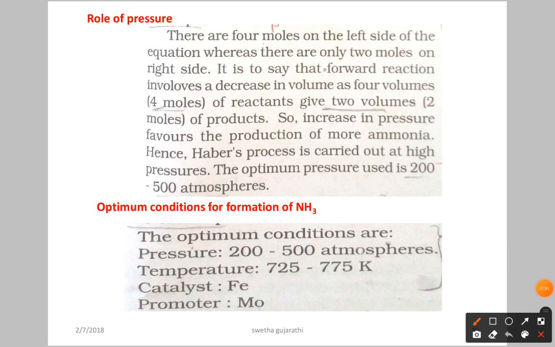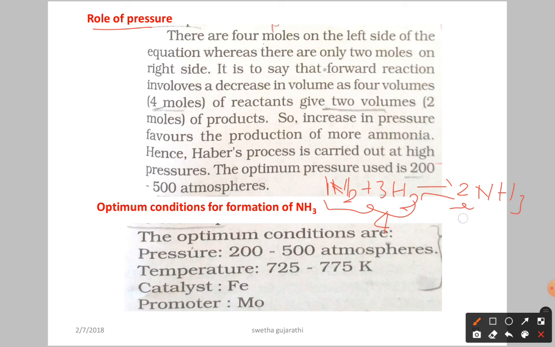Now let's see the role of pressure. We have the equation N2 plus 3H2 gives rise to 2 moles of ammonia. When considering pressure, you have to see the number of moles. For the reactants we have 1 mole and 3 moles, a total of 4 moles.